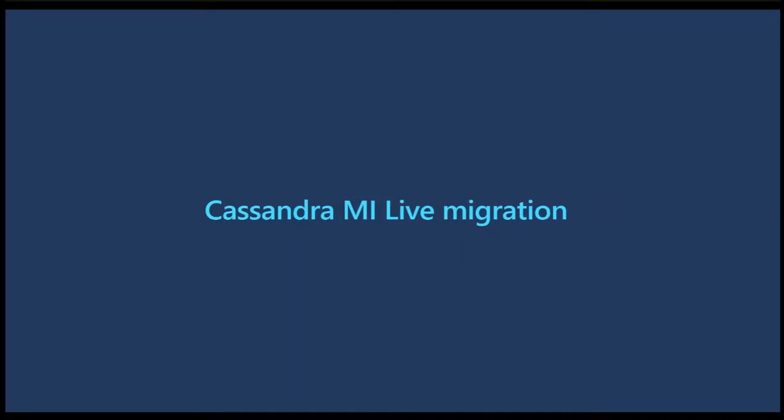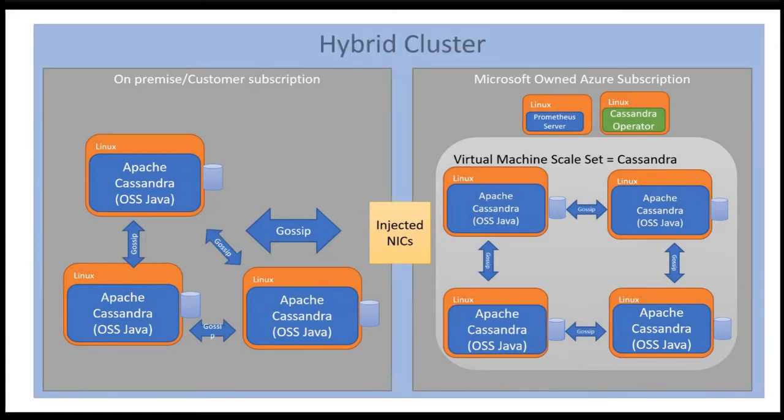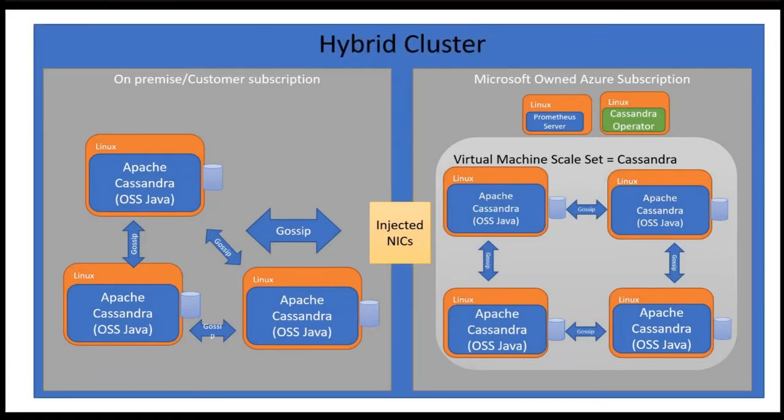So if we look at Cassandra Managed Instance live migration first, really the recommended way of doing this is to configure what we call a hybrid cluster. Because Managed Instance is effectively open source Apache Cassandra running on virtual machine scale sets, what we've enabled is this capability for setting up hybrid clusters.